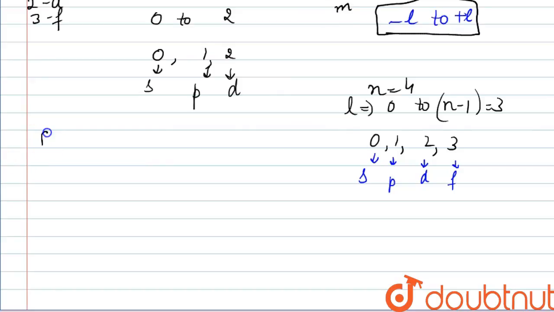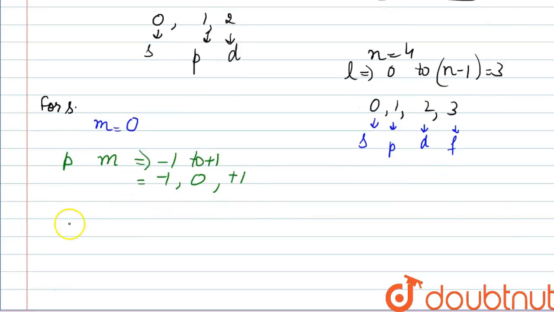Now for s, the azimuthal quantum number is 0, so the magnetic quantum number for s will also be 0. For p, the magnetic quantum number will lie from minus 1 to plus 1. So it will have minus 1, 0 and plus 1.